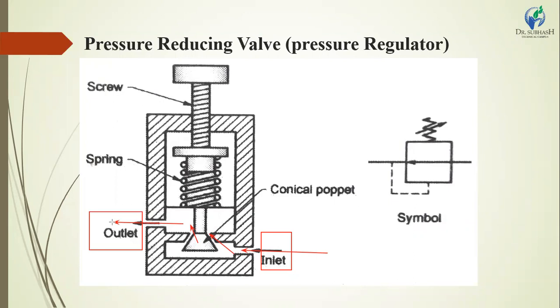The pressure reducing valve is used to maintain a constant reduced pressure in these systems.